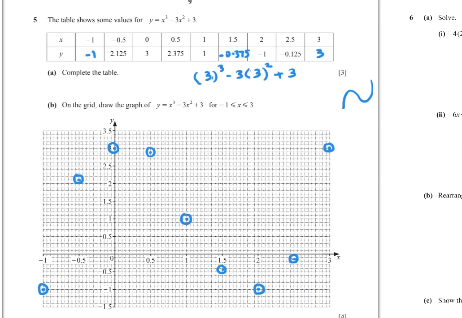So you can draw a smooth curve. So this is the smooth curve for the function.